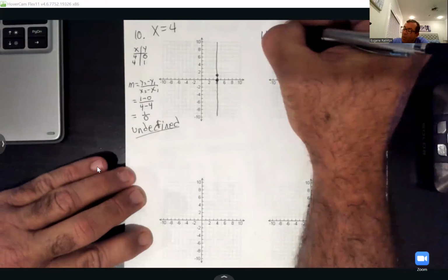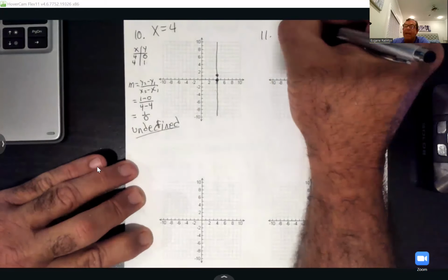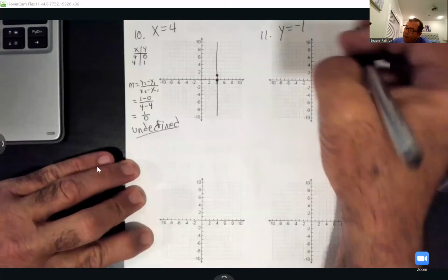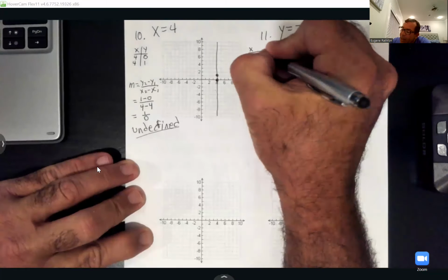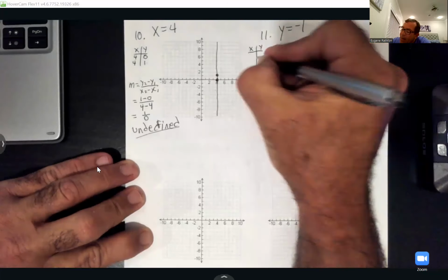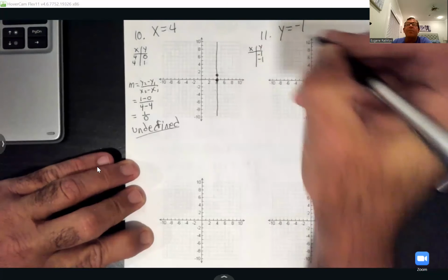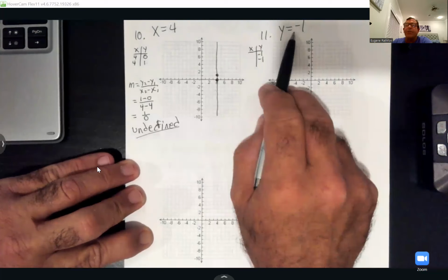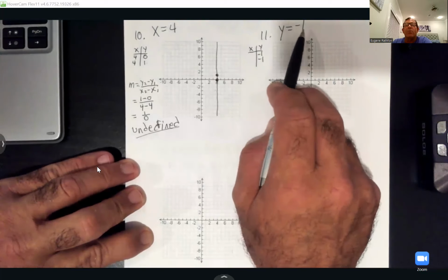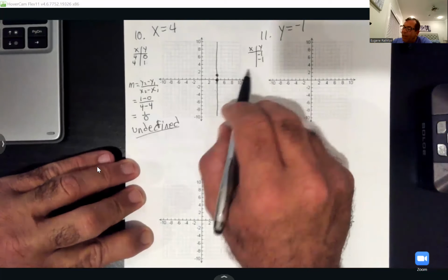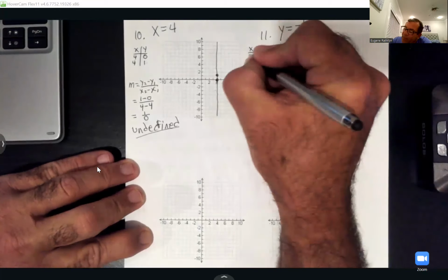All right, 11, they give me y equals -1. All right, so let's see. If you're doing a table for that one, every y value has to be -1 because that's what they're telling me here. Y has to equal -1. So you can pick any numbers you want here. So let me try different numbers this time.